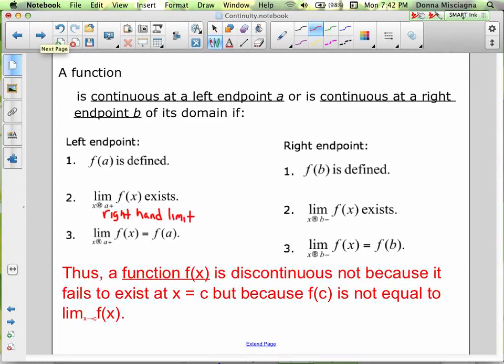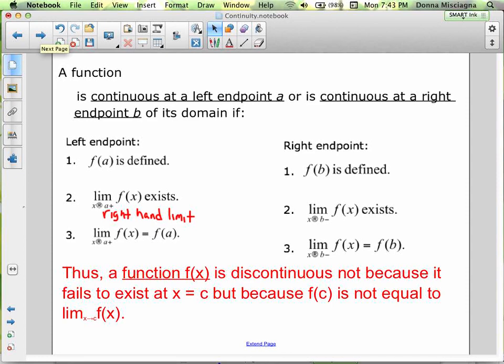And the limit as x approaches a from the right has to equal the value of the function. Okay? So we went over that in that definition there, but this more clearly lays it out. Right? So we're looking for all three things to be true. If anything's not true, then that left endpoint is not continuous, and we're not going to include it in our continuous portion.